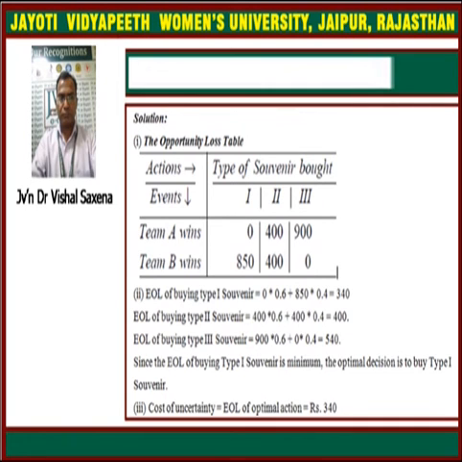The second point requires the expected opportunity loss. The expected opportunity loss for buying the type 1 souvenir is given by 0 into 0.6, where 0.6 is the probability and 0 is the opportunity loss for the first type of souvenir for team A, plus 850 into 0.4, where 0.4 is the probability and 850 is the opportunity loss for the winning of team B under this first type of souvenir.